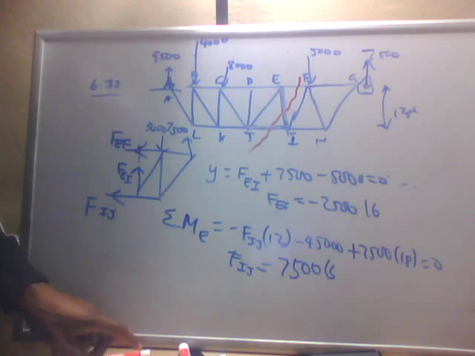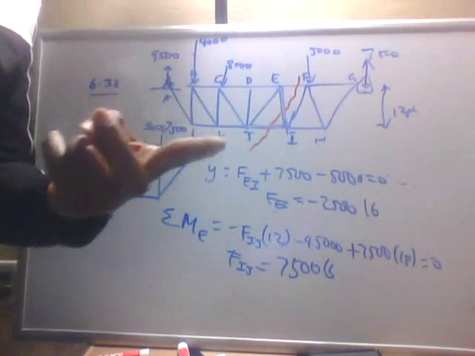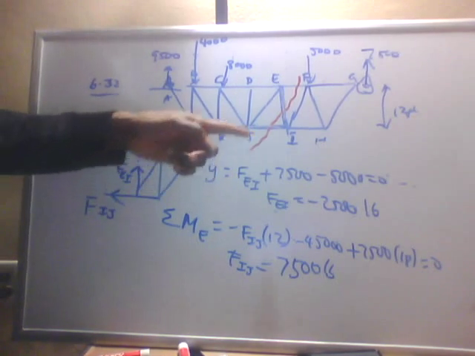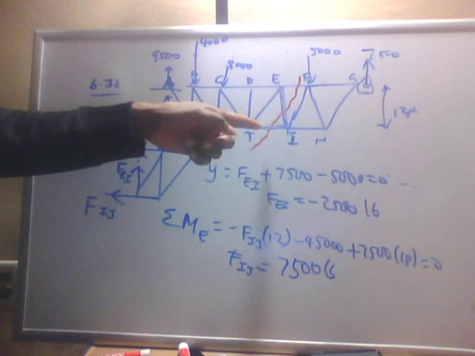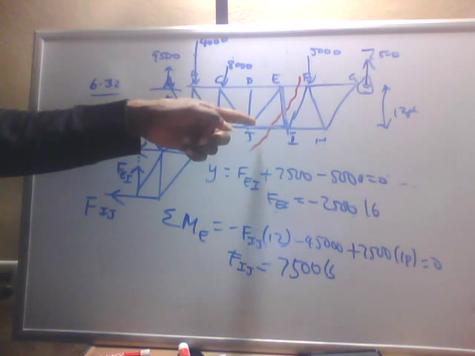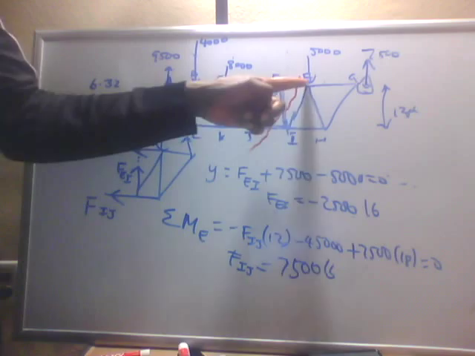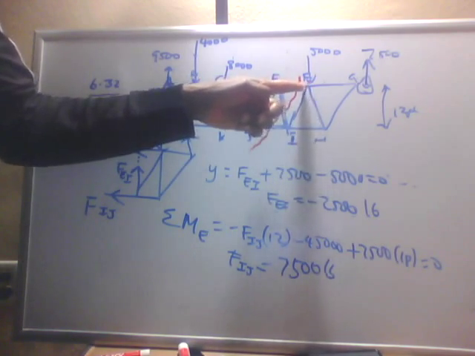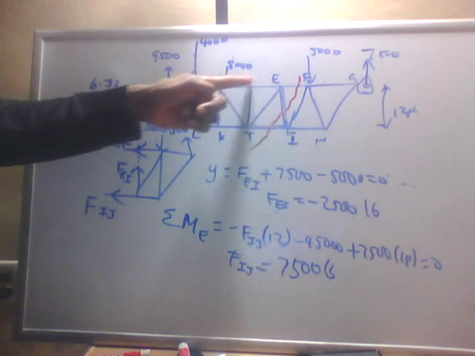So this is the method of sections. In some cases, you actually combine both method of sections and method of joints. For instance, for this kind of section, if I wanted to find out the force in member DE, I already know this force from the method of sections. I know EF and EI. So all I need is this member and this member.